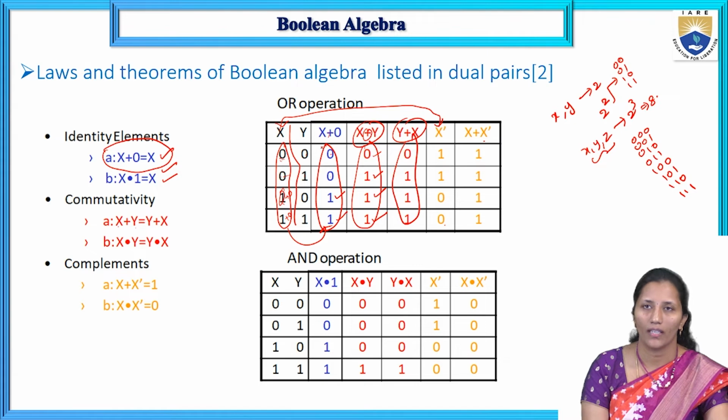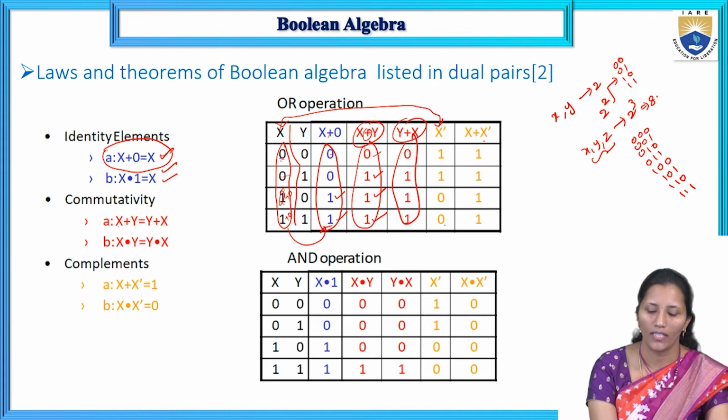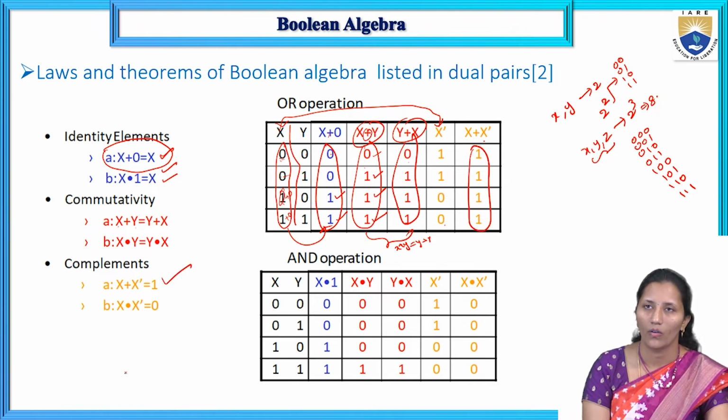So x plus 0 is x. X dot 1 is equal to x, x plus y and y plus x, both we are getting same values, and x plus x bar is always 1. Okay, and x into x bar is equal to 0.